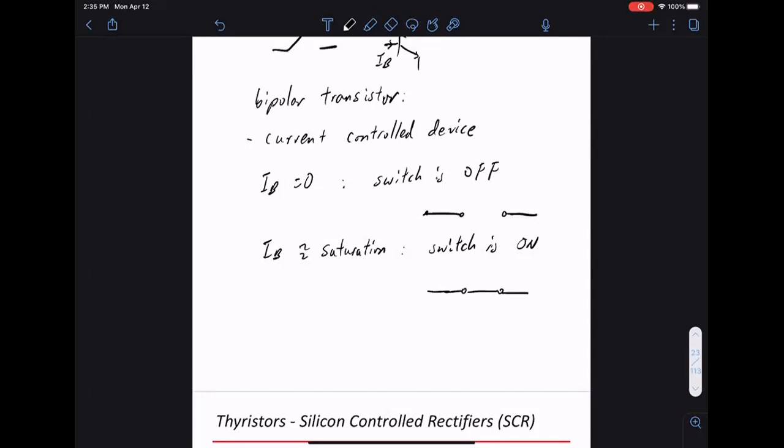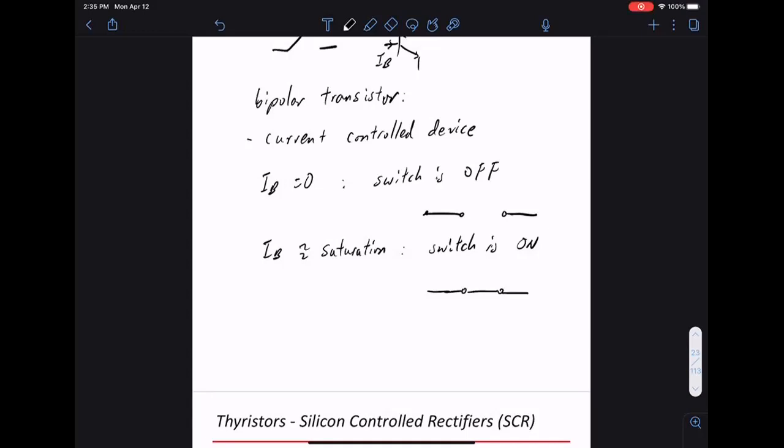Remember from last time we computed that a power transistor cannot operate in the linear region. So it's either no current at the base or a large current, large enough such that you saturate the transistor. Whenever you're on, you're required to push this current at the base.